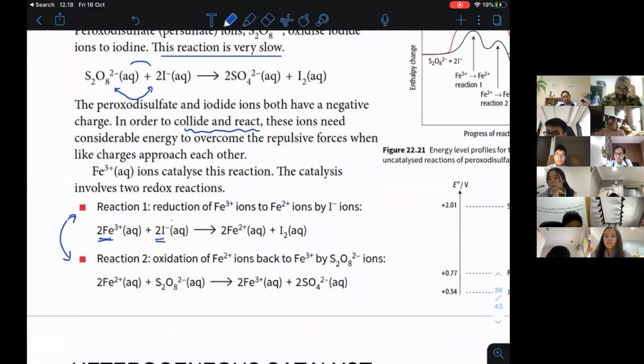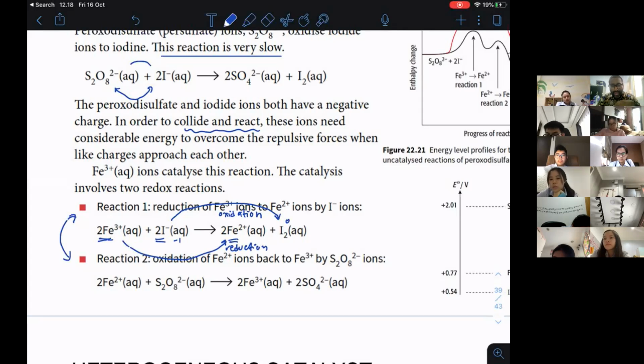This I minus will change into I2, and at the same time the iron 3 will change into iron 2. So from +3 to +2, this is reduction. And -1 to 0 is oxidation. So there is a redox reaction taking place here.